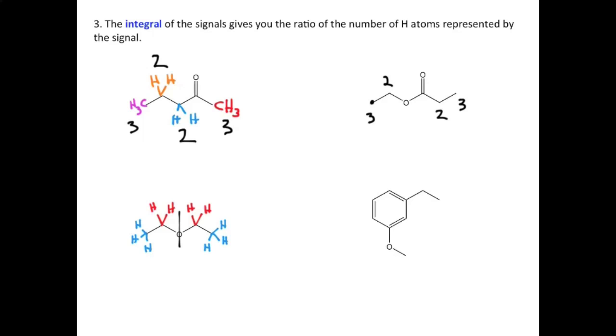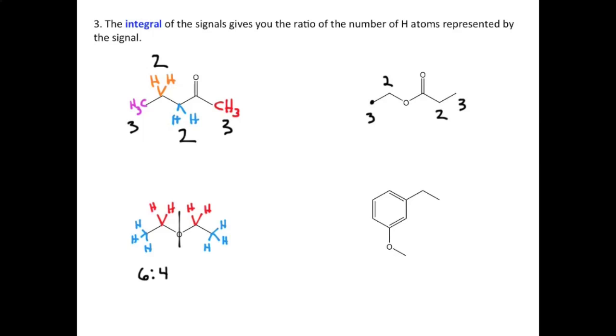Okay. So when we look at the ratio of peaks, here I can see I have 1, 2, 3, 4, 5, 6 hydrogens in blue, 1, 2, 3, 4 hydrogens in red. So overall our ratio would be 6 to 4. Right?